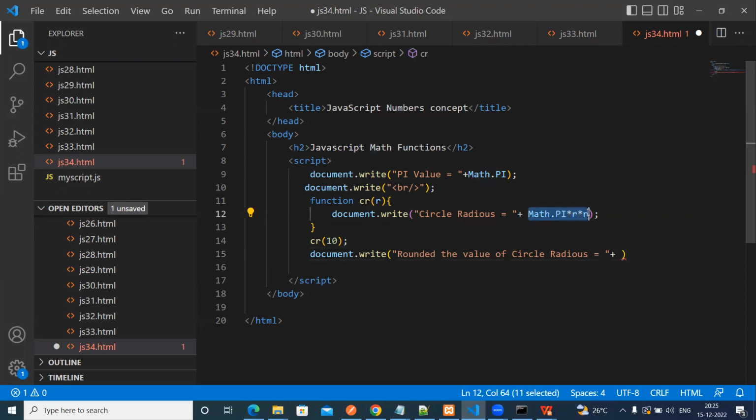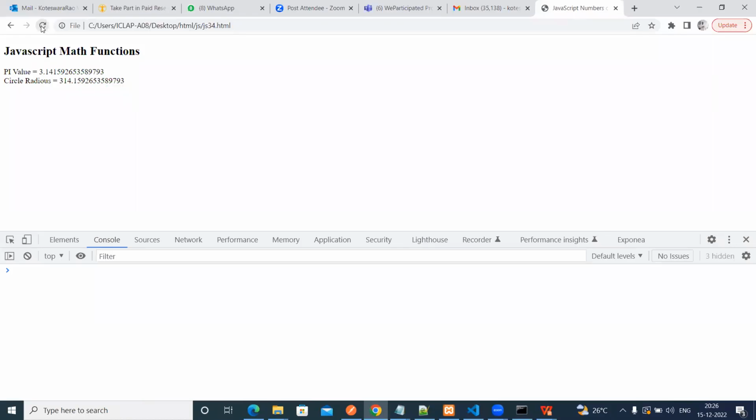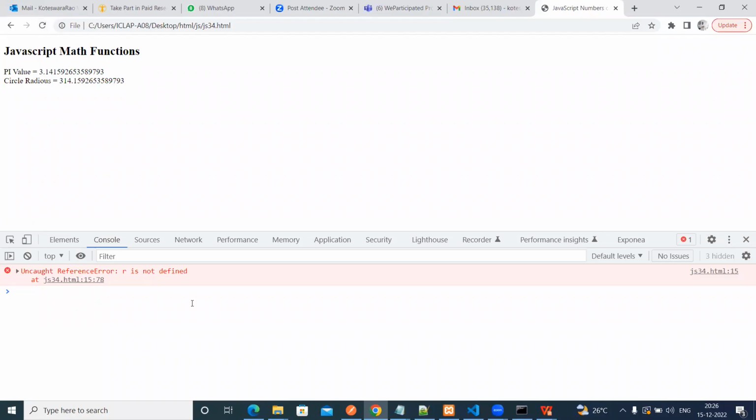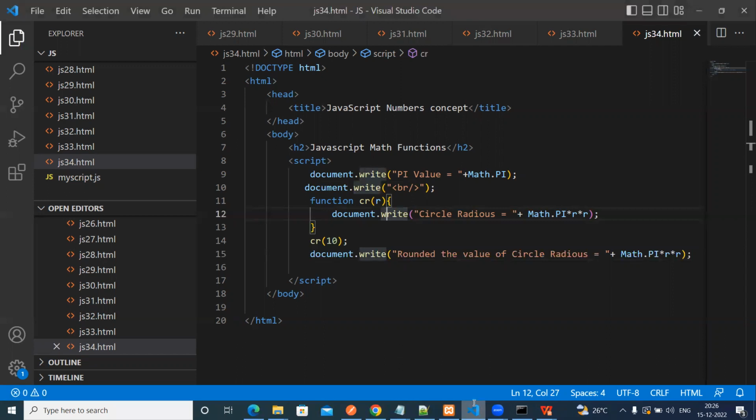Math.PI r square. So will it work or not? It won't work. You can see why. It is not even given, because r is not defined, because r is written inside the function. That's why it is not coming.